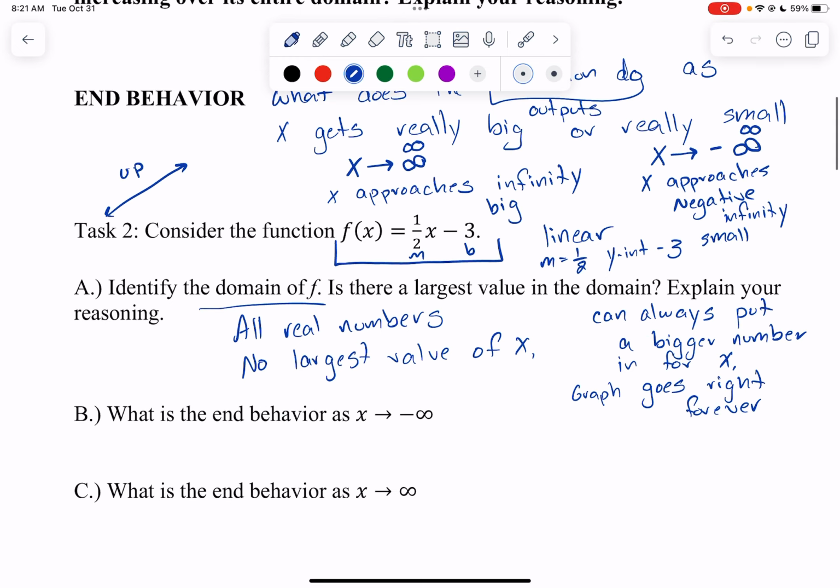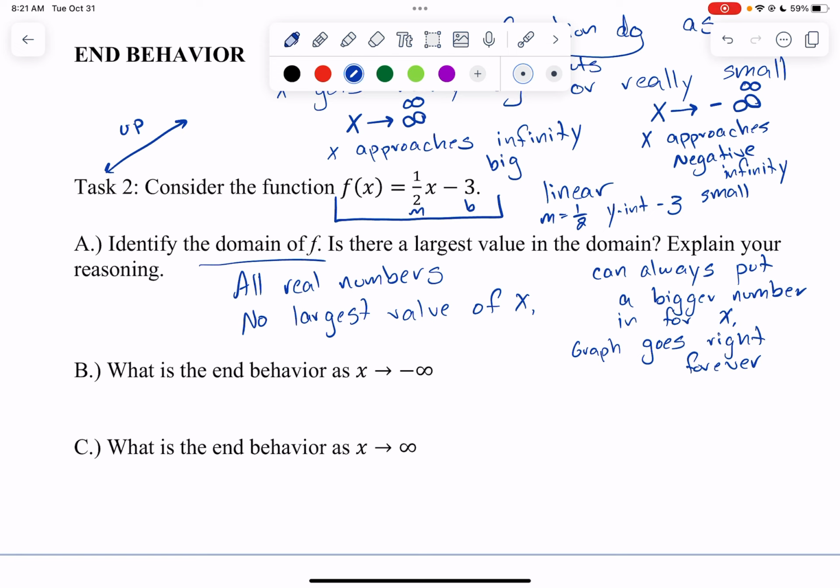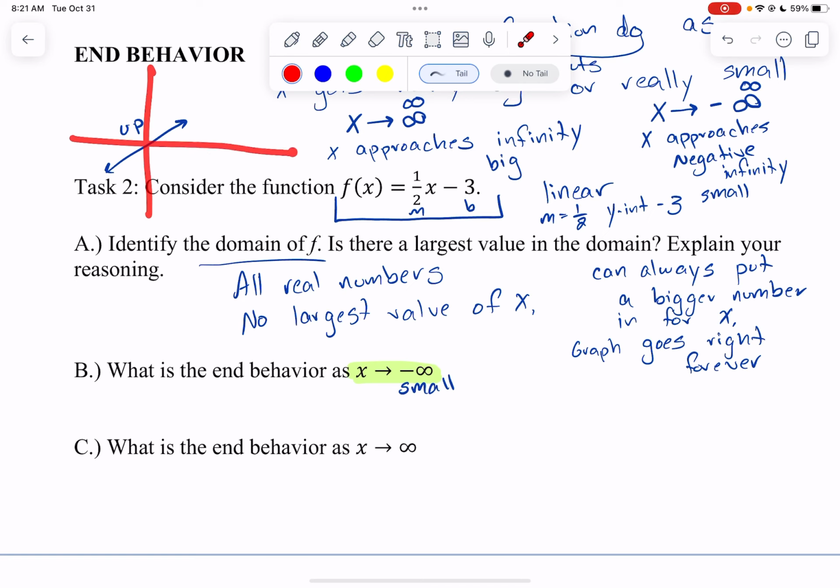Now we need to talk about what is the end behavior as x approaches negative infinity. That's a negative infinity, so that's as it gets very, very small. If I was to graph it, negative infinity would be to the left, right?